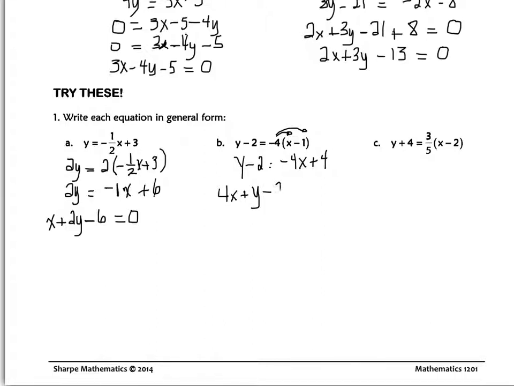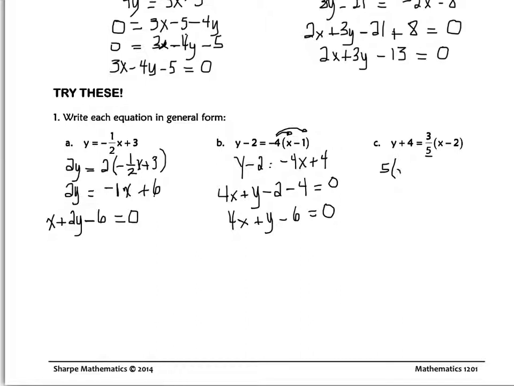You've got your minus 2, stays minus 2 on the left side, but the 4 is going to come over from the right side to the left side, so it's going to change to a negative 4 on the left side. So then you've got 4x plus y minus 6 equals 0, and your x term is positive, and you get it in the right form: x's, y's, and constants.